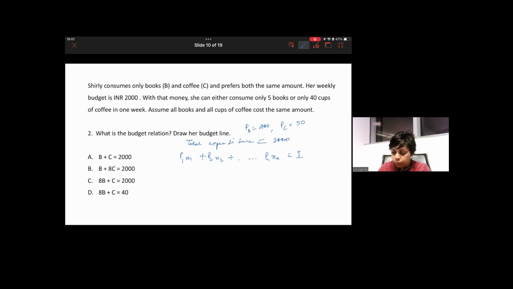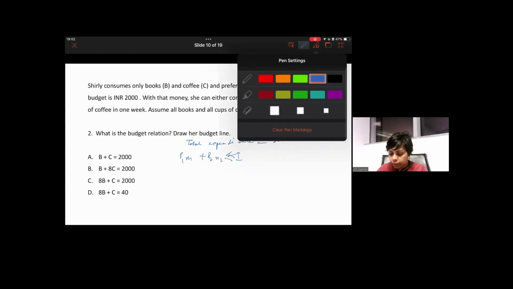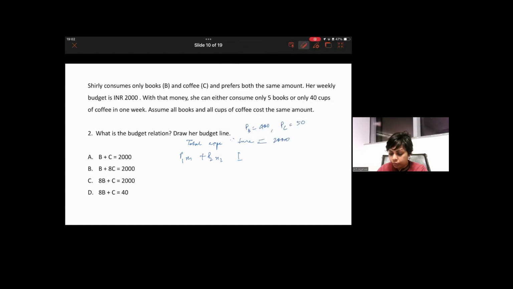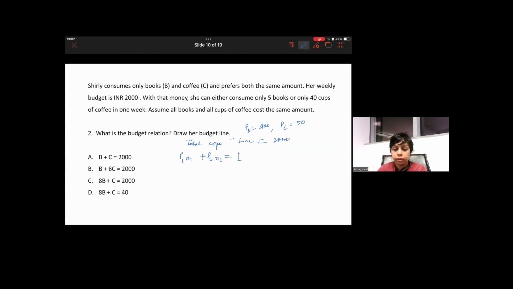This whole part with plus Pnxn and all this we can erase, and we can just write it as I. But the basic idea is that the price of the first good into the quantity of the first good plus the price of the second good into the quantity of the second good, so on and so forth. Sum it all up and you get the constraint. Now, this should ideally be less than or equal to, but like I said, because we're just trying to find the equation of that constraint line, we will make this as equal to.